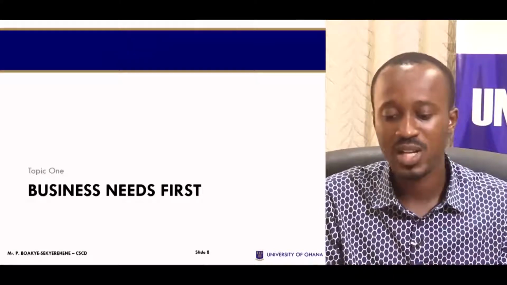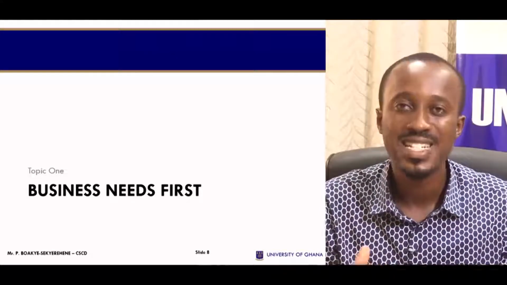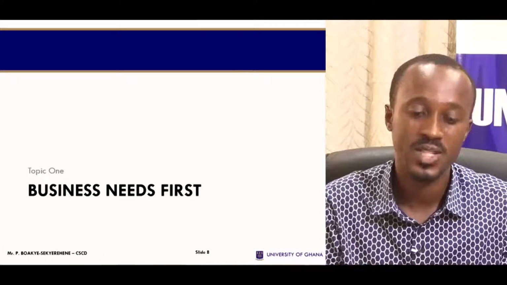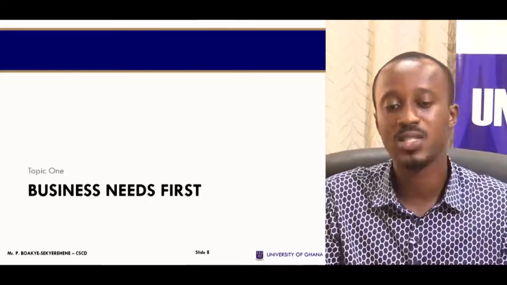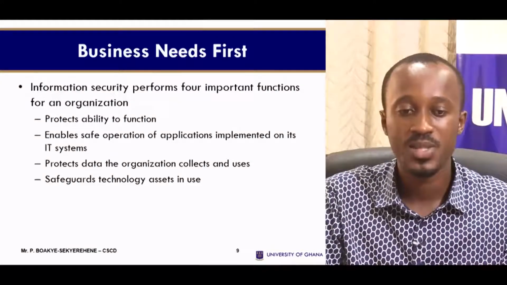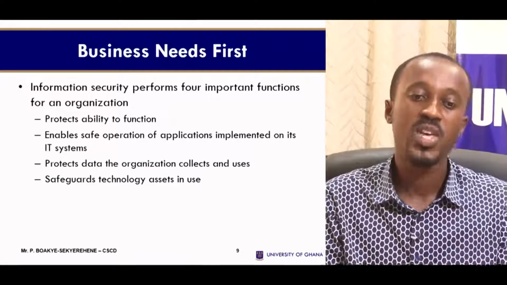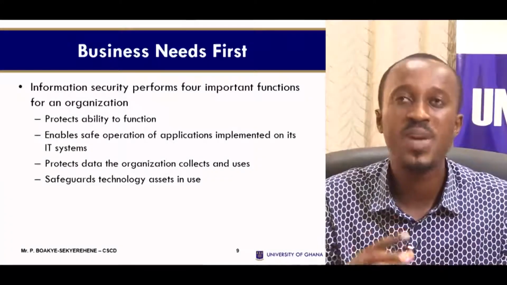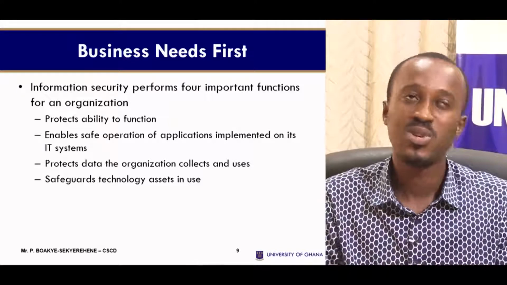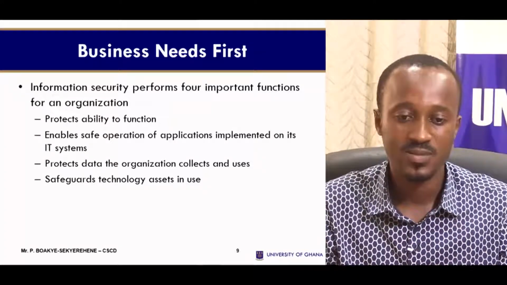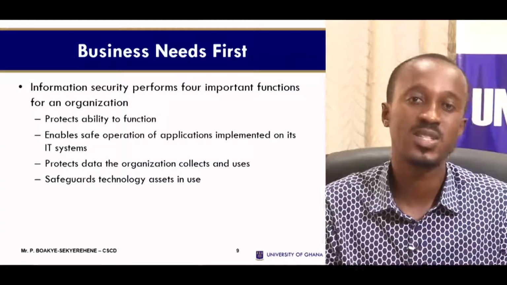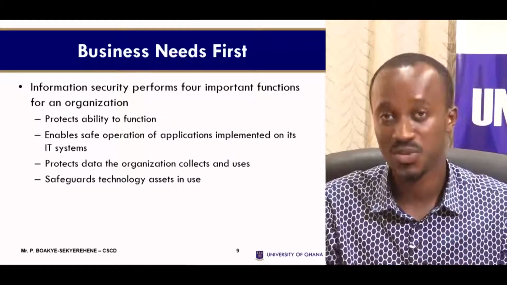So let's look at our first need for security. Why the need for security? The first one that we'll look at is the business need. Information security performs 4 major functions for just about any organization. The first one is that it protects the ability to function.